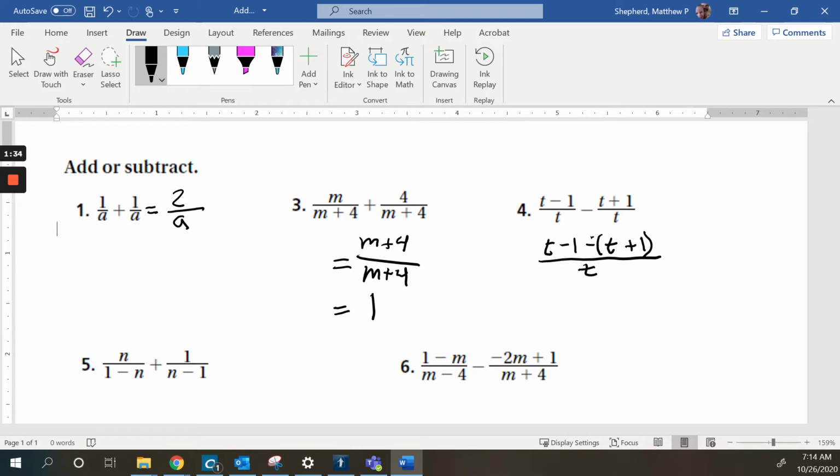Now this subtraction is going to distribute to both of those. So I would have t minus 1 minus t minus 1 all over t. All right, and now t minus t would be 0. Negative 1 minus 1 would be negative 2 over t.